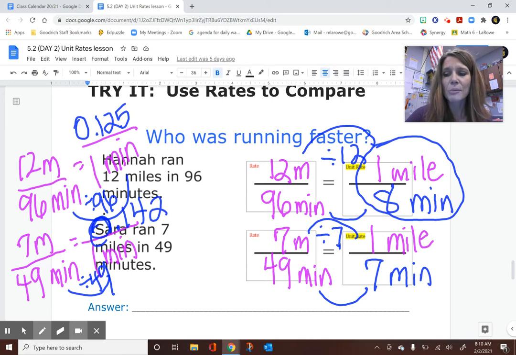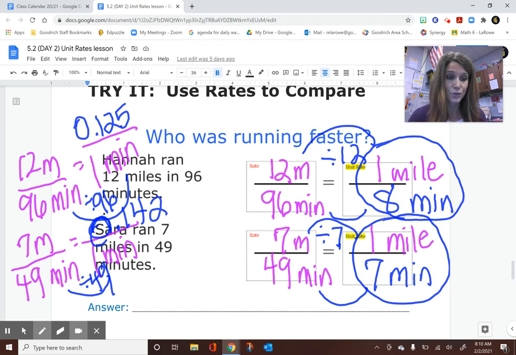So when we compare these 2 runners, because they're running the same distance, but it takes Sarah less time, that means she is actually faster because it takes her less time to run the mile. My other option was to turn the distance into how much can she run in just 1 minute. So when I do the minutes as the 1 for my unit rate, I would divide by 96 for Hannah, divide by 49 for Sarah.